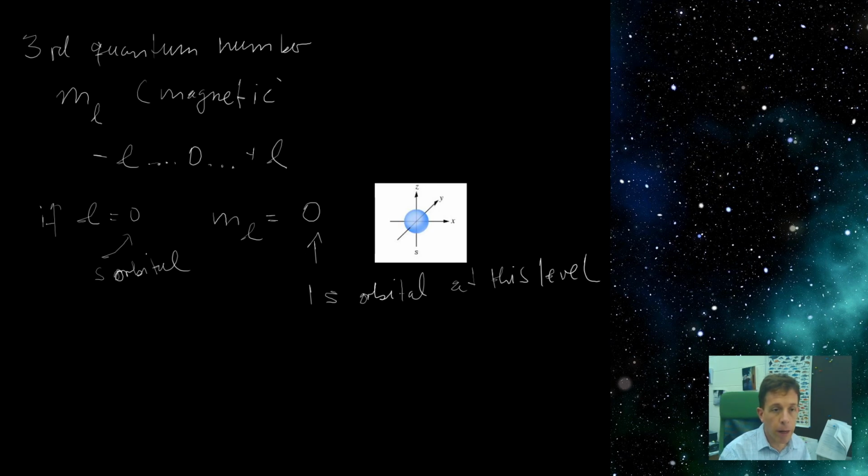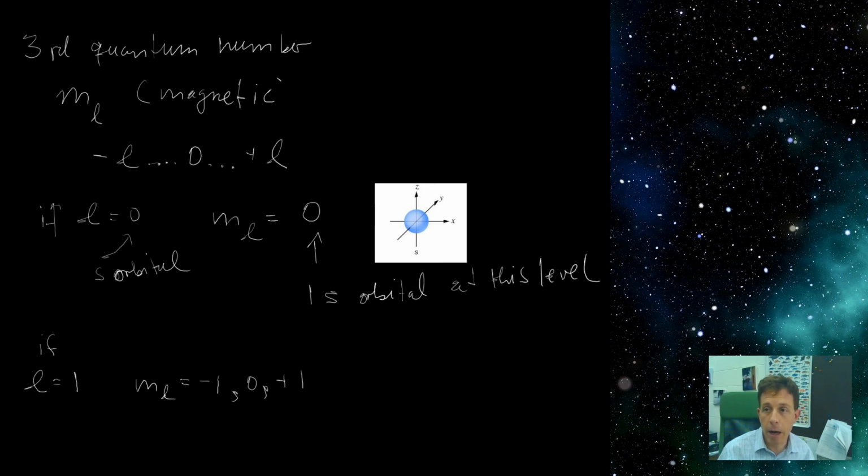If we go to L equals 1, then m sub L can equal minus 1, 0, and plus 1. And so that means that there are 3 solutions to this orbital, and that's reflected in the 3 p orbitals that we can see right here.